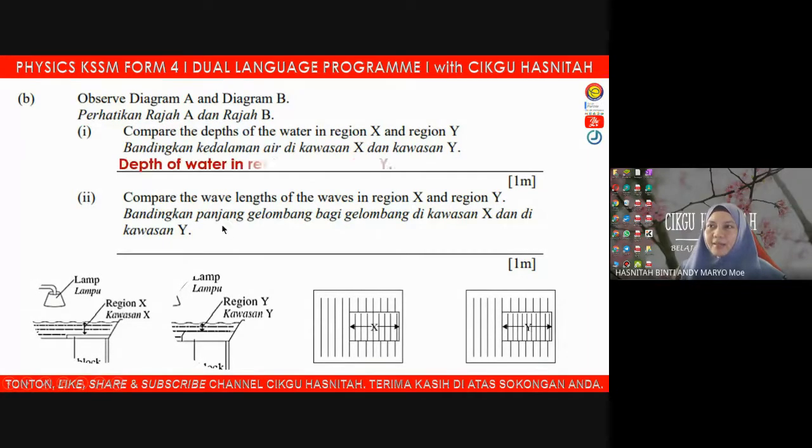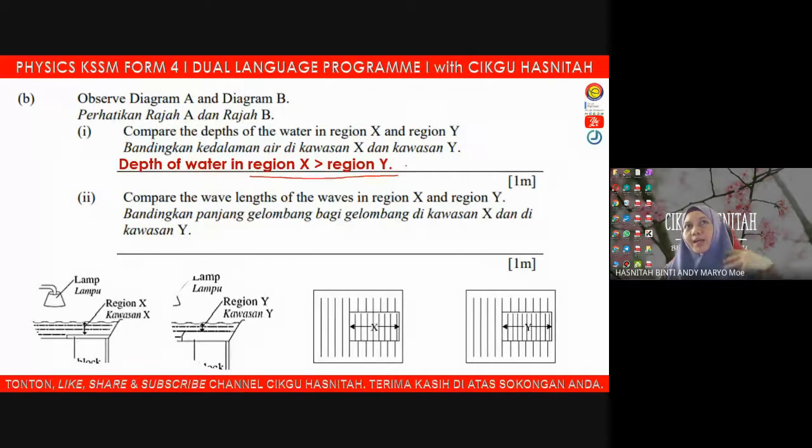So you can say depth of water in region X is greater. You can use the mathematical symbol of greater than: region X greater than region Y. In structure, it is enough to write region X greater than region Y.